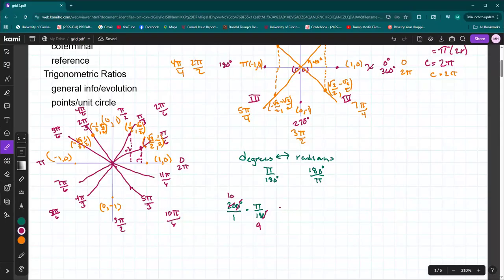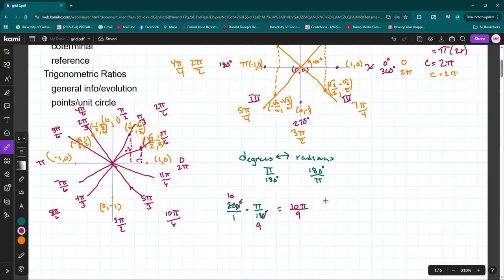Multiply straight across. I find it always easiest when I'm multiplying fractions to reduce first, because I'm dealing with much smaller numbers. I do not like dealing with big numbers, yet again, it's me being lazy. No, it's me just looking for the slightly easier ways to work with it. 10 pi over 9 would be my radians that are equal to 200 degrees.